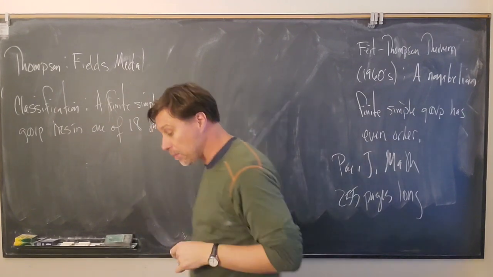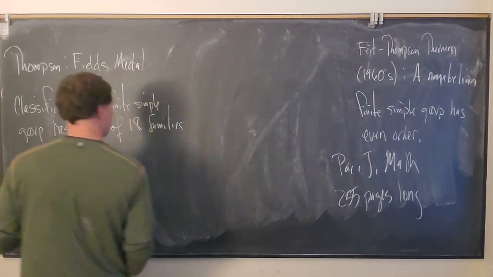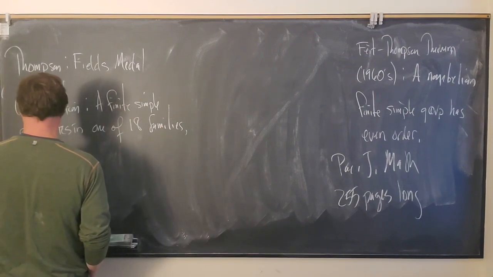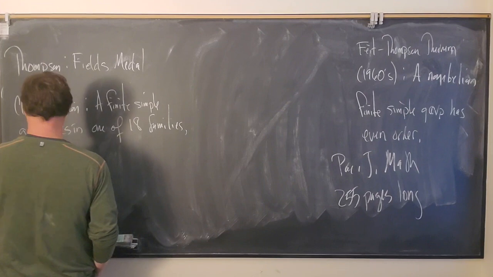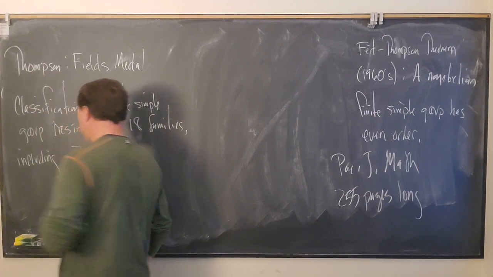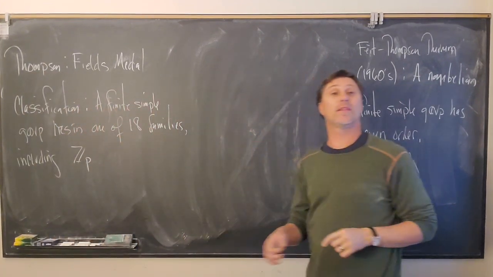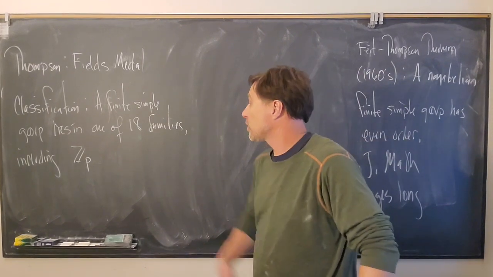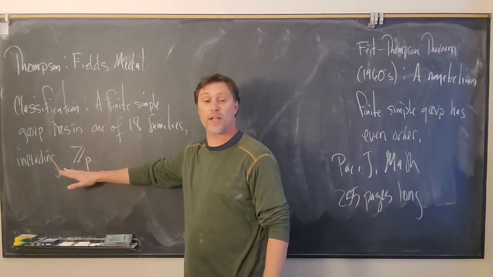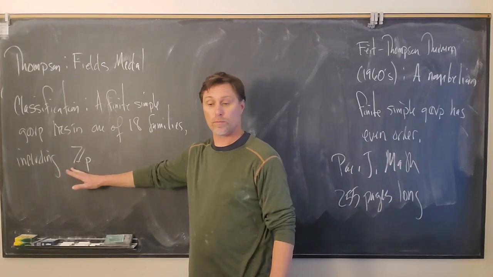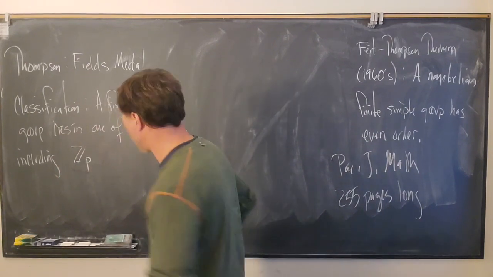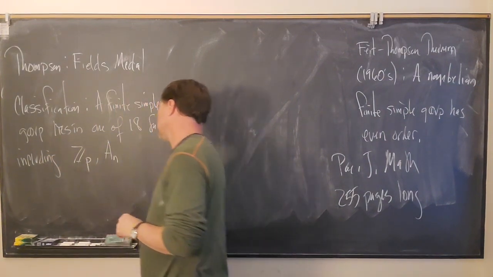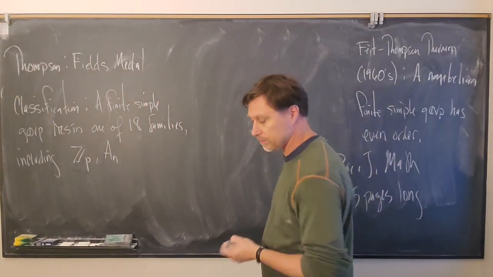We've seen a couple of these families, including Z_p. When p is prime, the integers mod p, Z_p, is a simple group. So this gives us one infinite collection of simple groups. Another one, A_n for n greater than or equal to 5.